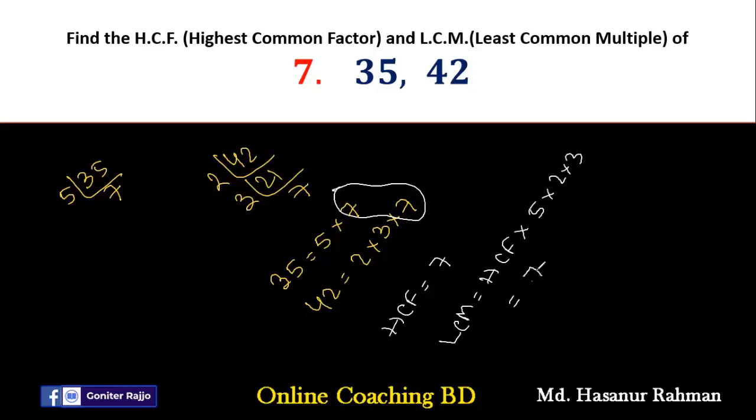So the HCF is 7 multiplied by 5 times 2, 10, 10 times 3 is 30. So 30 multiplied by 7, that is 210. And you can solve it in the previous method also. That is, take the factors: only one 2 is there, only one 3, only one 5 and only one 7. If you multiply all the numbers, you will get 210. So in this way, you can solve these problems very smoothly.